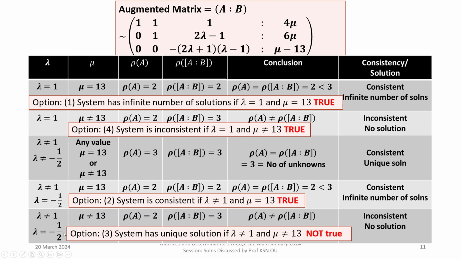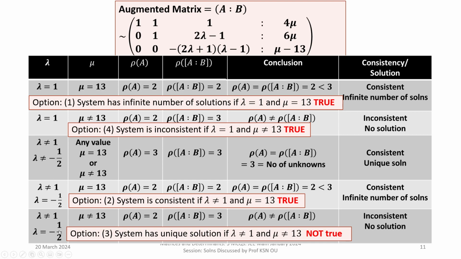If you take lambda equal to minus 1 by 2, then it is inconsistent, no solution. So there should also be another condition on lambda. If you want a unique solution, lambda not equal to minus 1 by 2 is also needed. But here, lambda not equal to minus 1 by 2 is not there.